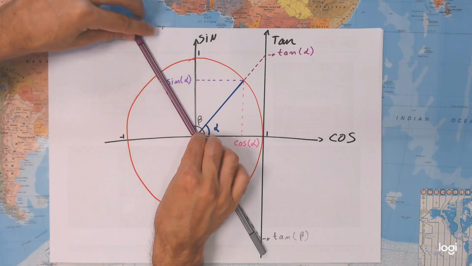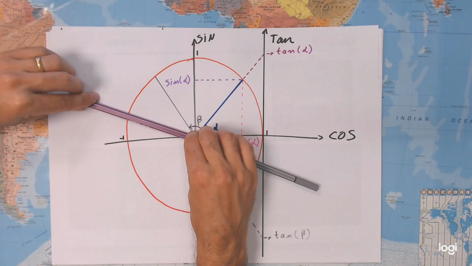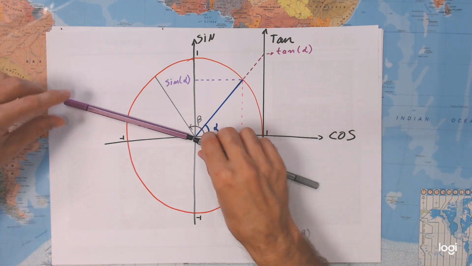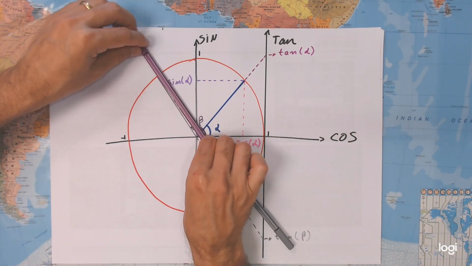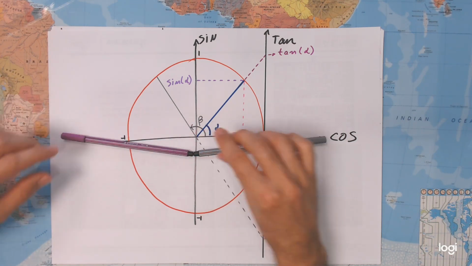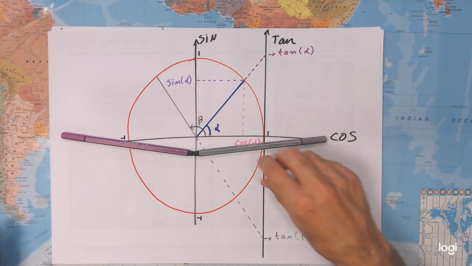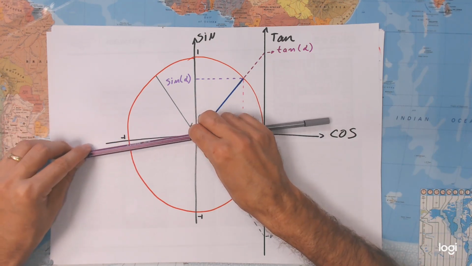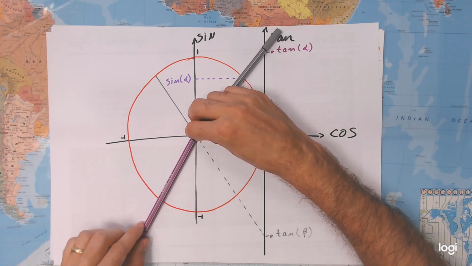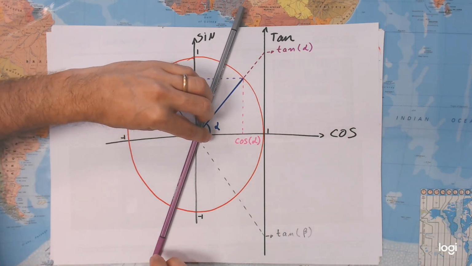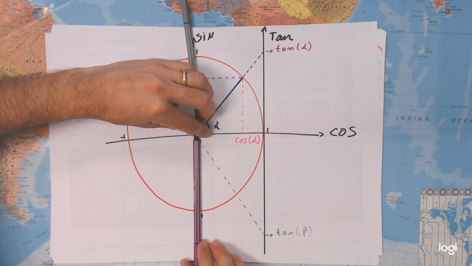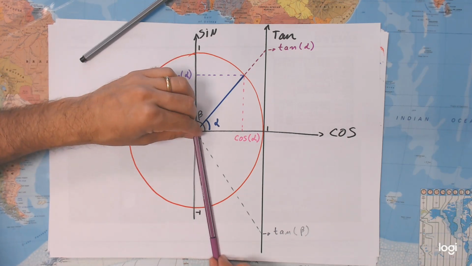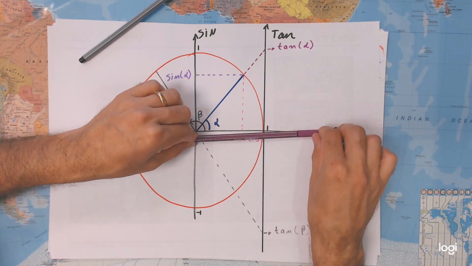So from 90 up to 180, and again, this length is a tangent, we get negative. Again, when you go from 180 to 270, it is positive. And again, when you go from 270 to 360, we get negative again.